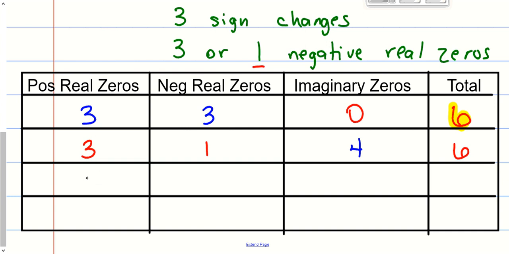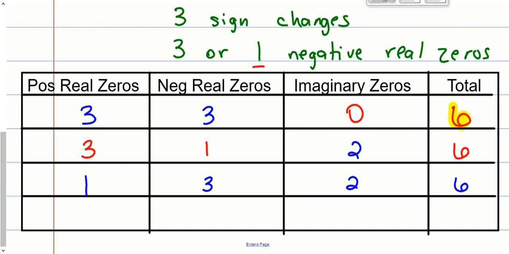So now if I put in a 1 right there, I could go back and have 3 negative. So 1 and 3 gives me only a partial. You know what? I did something wrong right there. That's not supposed to be a 4. Our total is 6. So on both of these, I have 4 total. I have 2 left over. Sorry about that mistake. So you have 2 imaginary zeros on both of those.